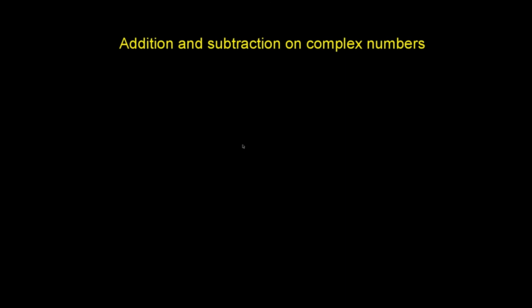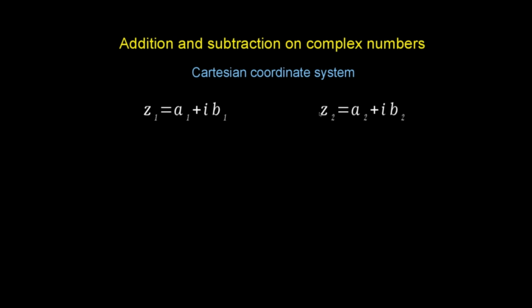Now, let's talk about some operations we can do with complex numbers, and start with addition and subtraction. To do this, we need to have our complex in the Cartesian form, or the Cartesian coordinate system. So, let's consider the following. We have a complex z1, which is equal to a1 plus i b1, and the complex z2, which is equal to a2 plus i b2.